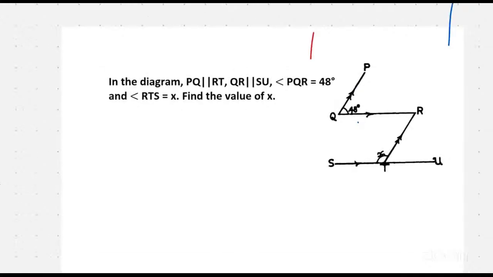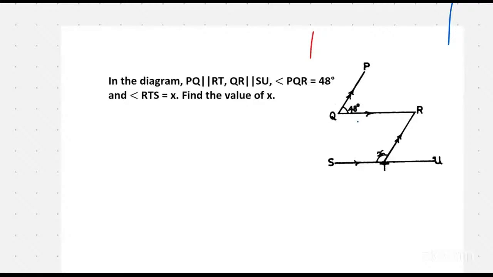So let's have this question. Are you ready? Okay. In the diagram, PQ is parallel to RT, QR is parallel to SU, and angle PQR equals 48 degrees. Angle RTS is X. Find the value of X. How do we find the value of X?